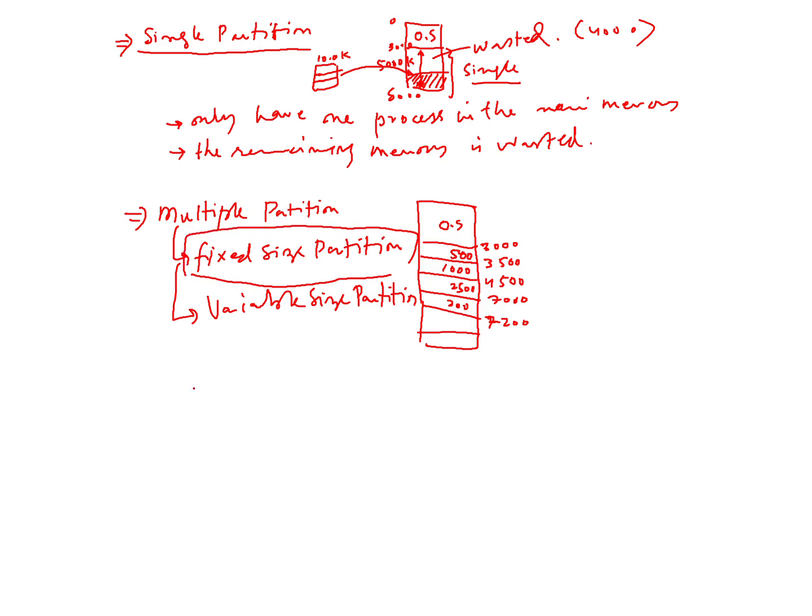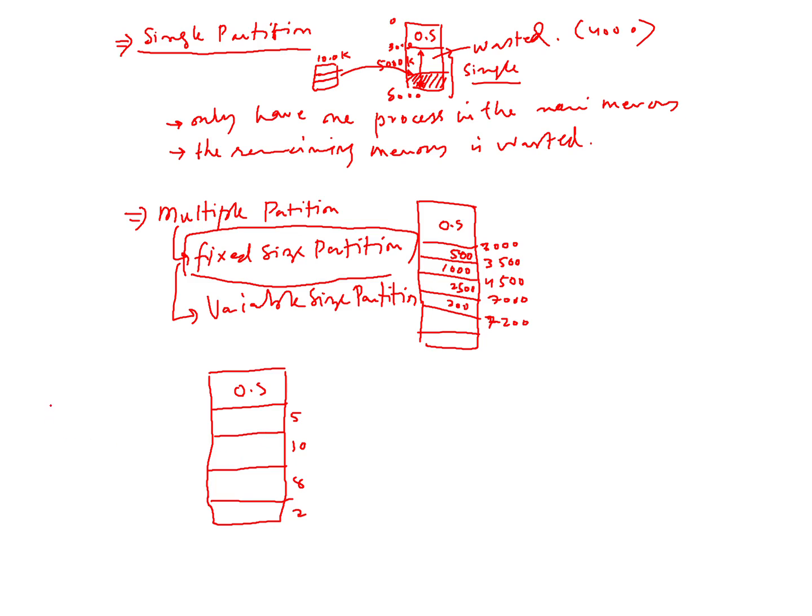Now suppose in the case of fixed partition, I have the operating system already loaded here, and maybe three partitions. This one is only 5k, this one is 10k, this one is 8k, and this one is 2k, so we have different sizes of partitions.